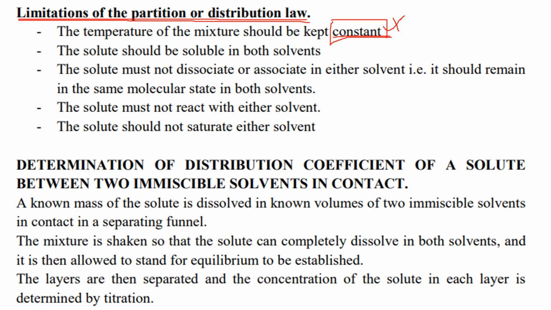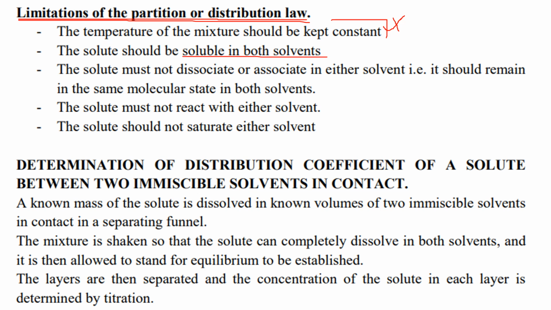And then the solute should be soluble. As one of the conditions, the solute should be soluble in both of the solvents. Now, on mixing these miscible solvents, we get a non-uniform solution, and then we add a solute, which can either be a solid or a liquid.